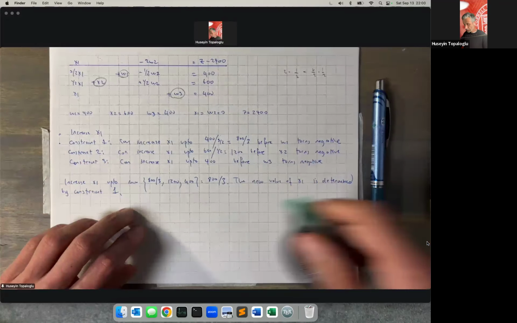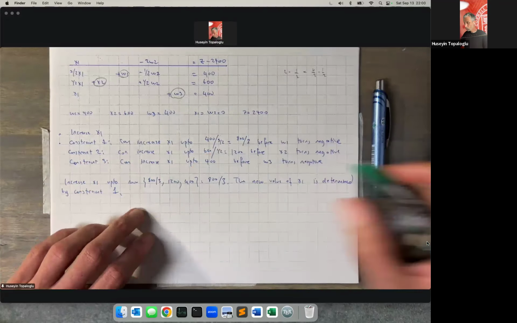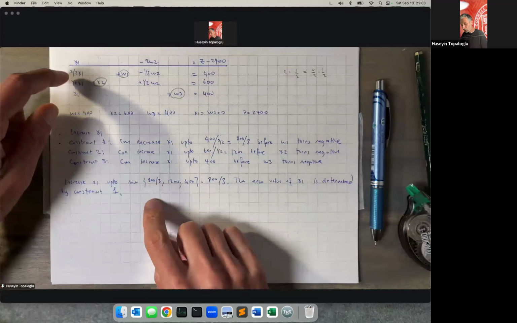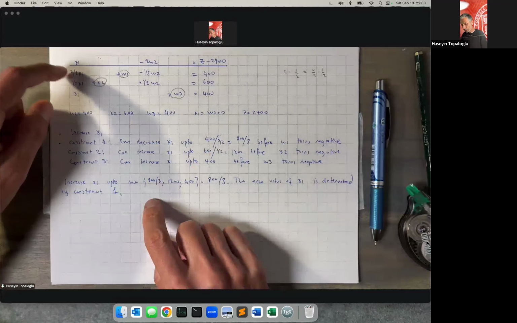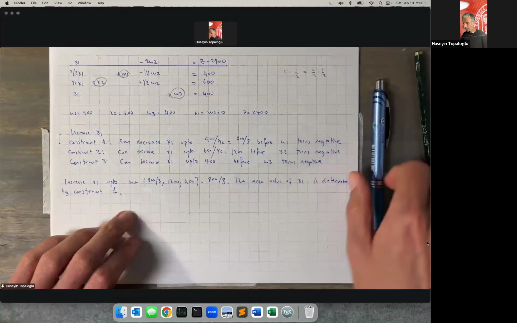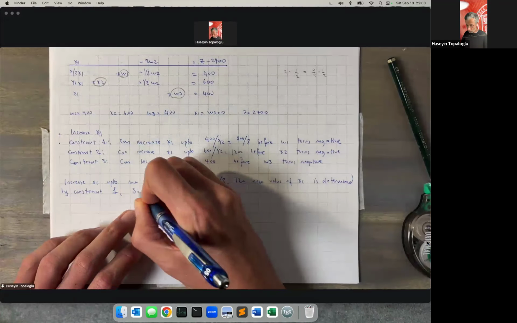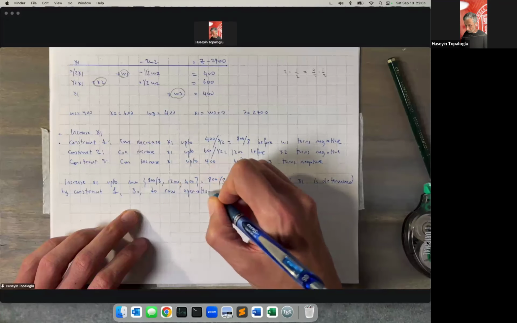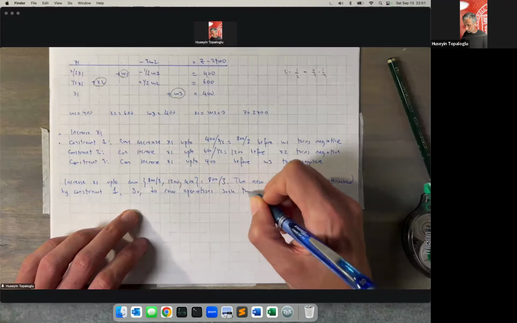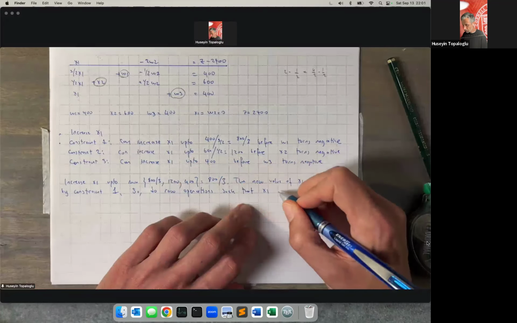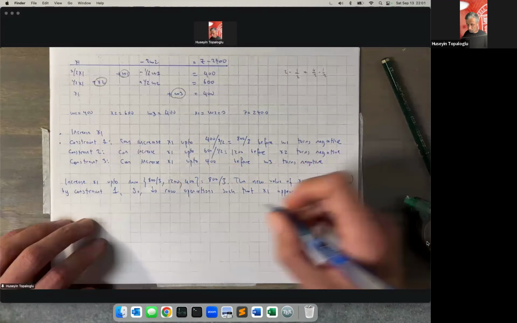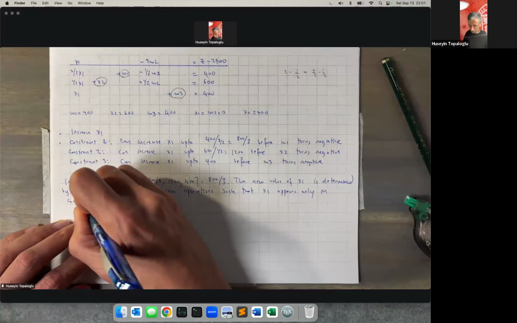The new value of x1 is determined by constraint 1. That means that we're going to do row operations such that x1 appears only in the first constraint row with a coefficient of 1 and nowhere else.